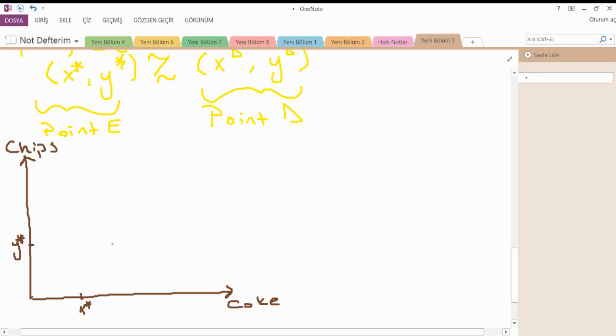We are dividing the graph into 4 quadrants, okay? Sorry about my ugly drawing. These are lines, at least they should be. Okay, so we said that this part is worse than our bundle. This part is preferred. Okay, what about this part?